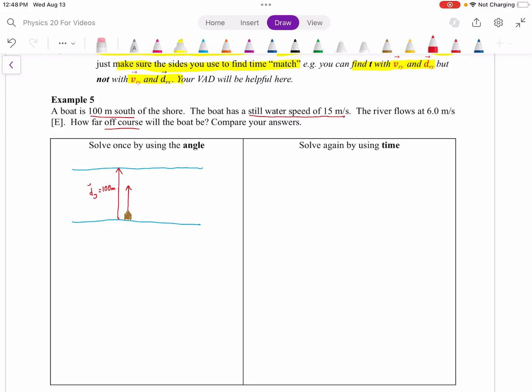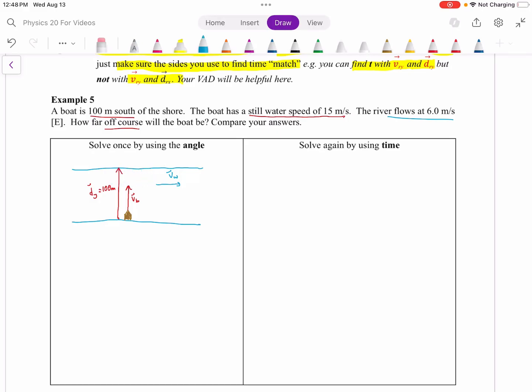It just aimed its velocity straight north, okay? So that's a velocity in the y-axis. How far off course will the boat be if the river flows 6 meters per second to the east? So our river is flowing to the east, okay? So we can tell that our boat is going to end up off course from where it started.